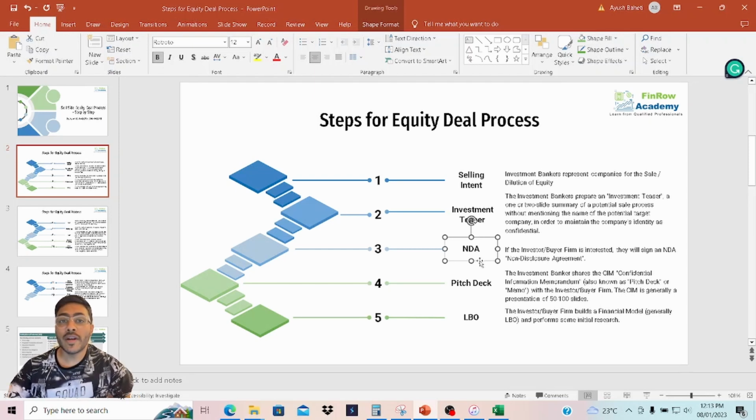Now, in step two, investment bankers distributed investment teaser to certain potential buyers, and out of them, few are interested to take this process forward.